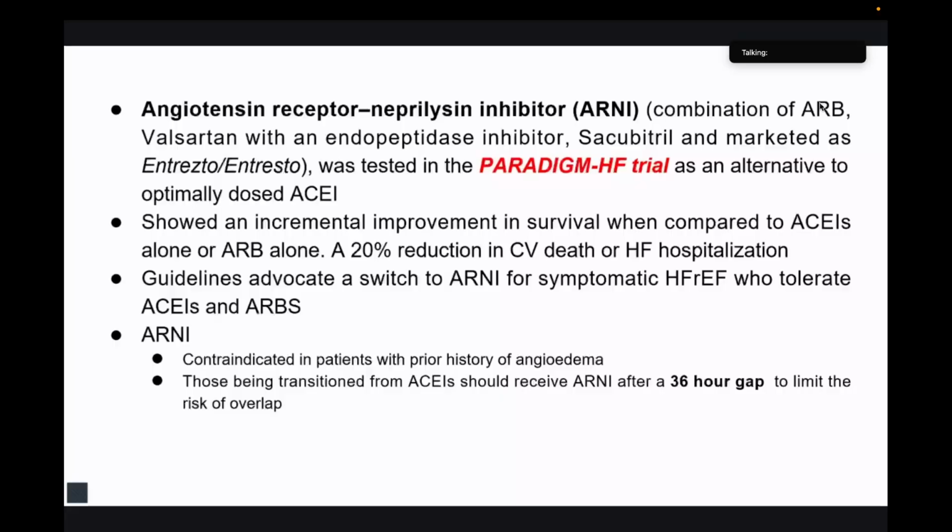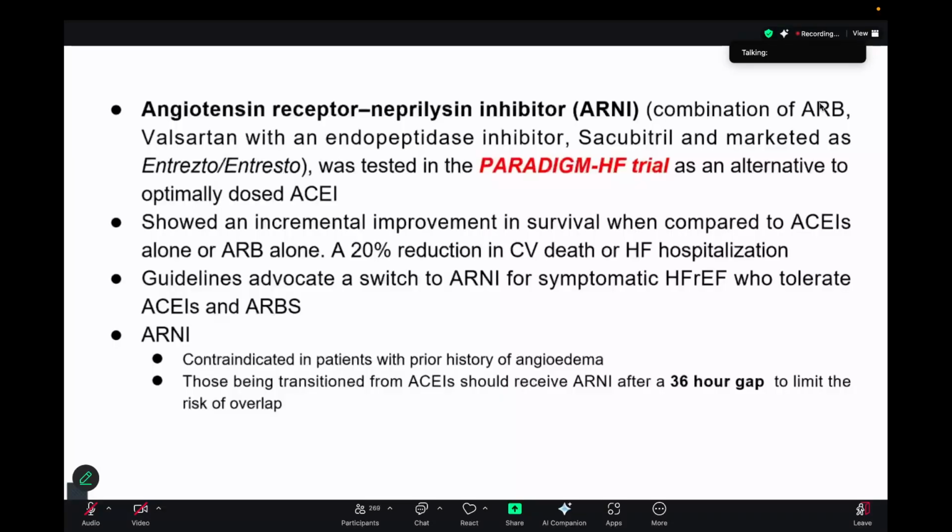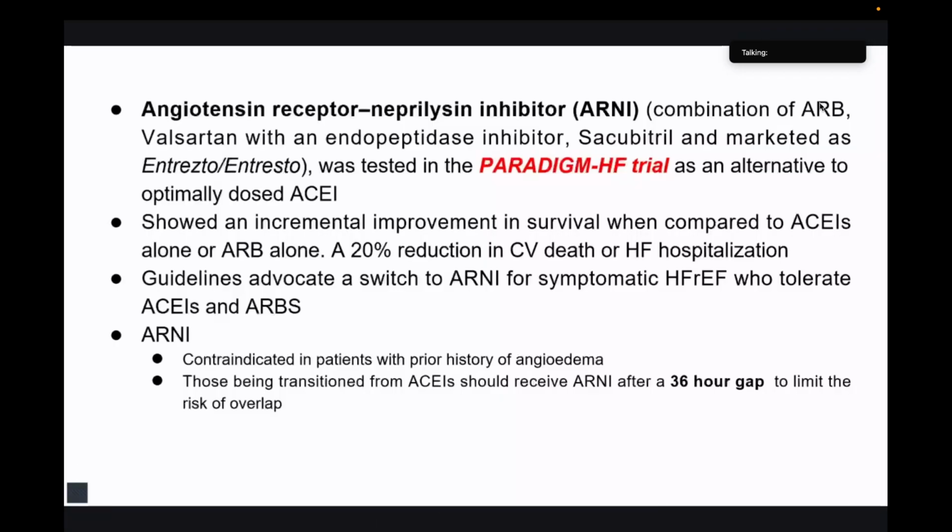ARNI is contraindicated in patients with a history of angioedema, and if you are transitioning a patient from an ACE inhibitor to ARNI, there should be a 36-hour gap from the last intake of the ACE inhibitor to limit the risk of overlap.